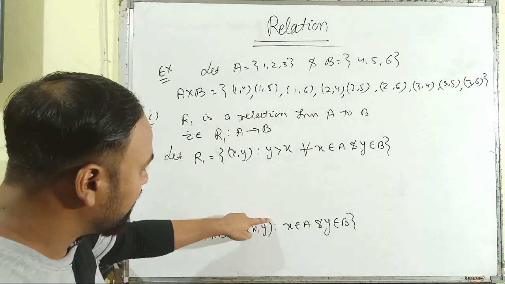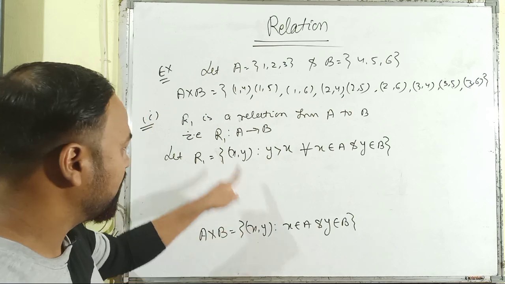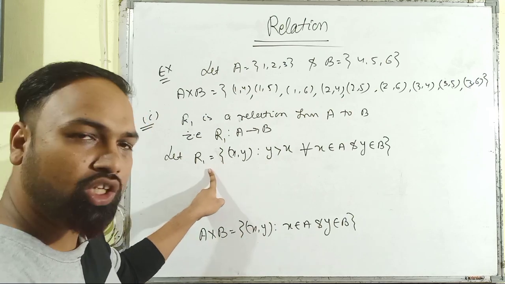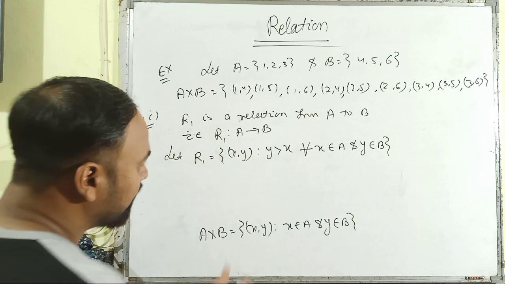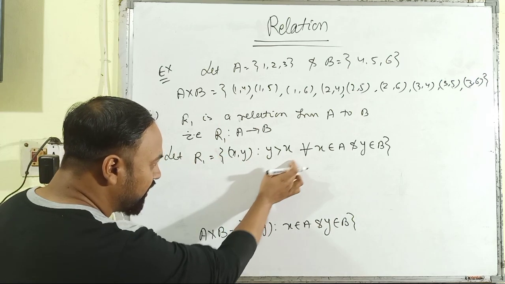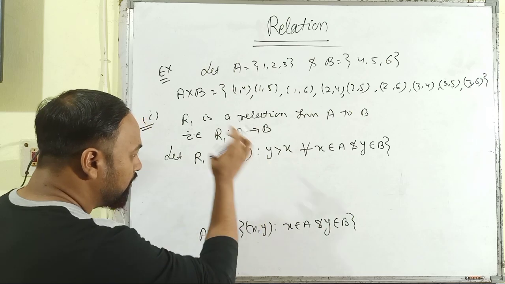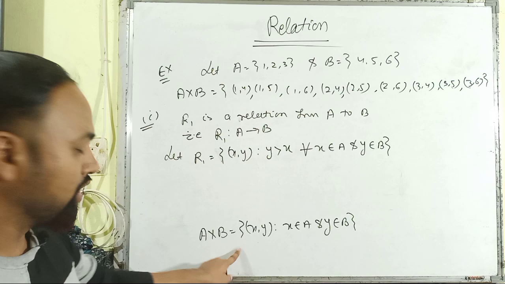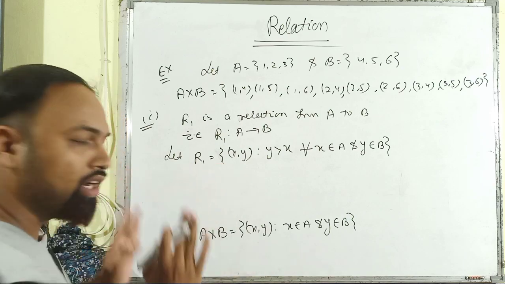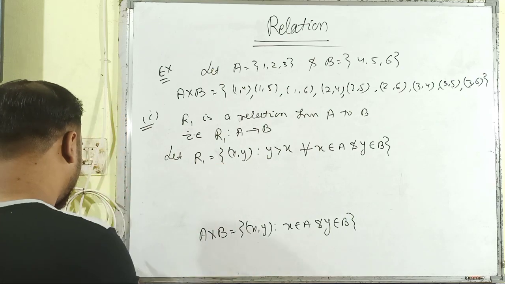But the notation of relation R1 is a little bit different from the Cartesian product. You can see that there are different terms in the relation which are not in the Cartesian product. Okay, that is clear.